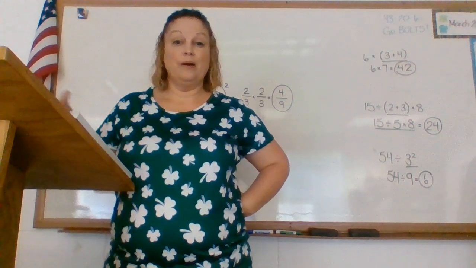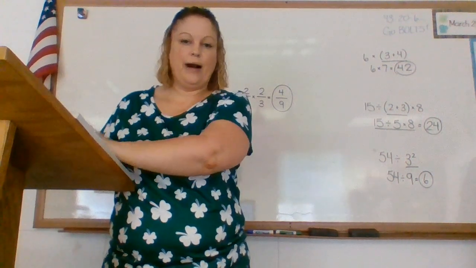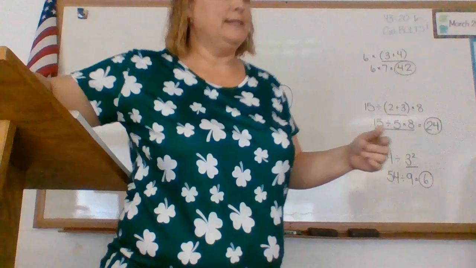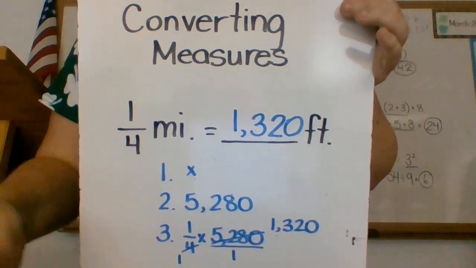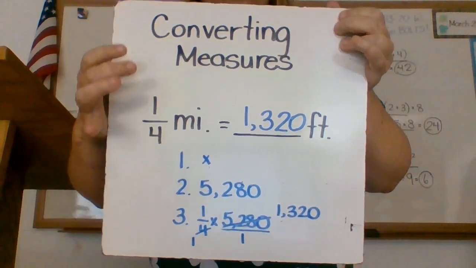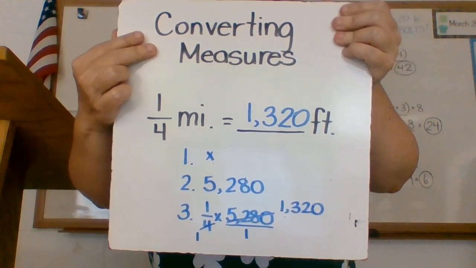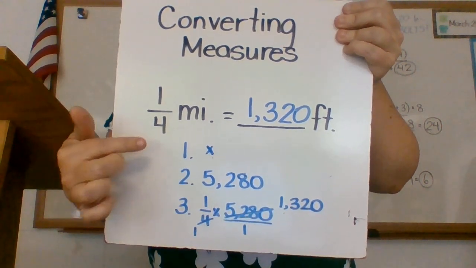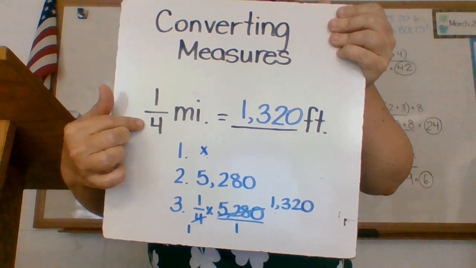We're not going to worry about any homework lessons at all from the back of the book during this distance learning. But I did want to go over a couple things in reminding you so that you can complete the back portion properly. When we have the converting measures section, several of you are still forgetting how we convert when we have something instead of 1 mile and you want to put 5,280 feet.